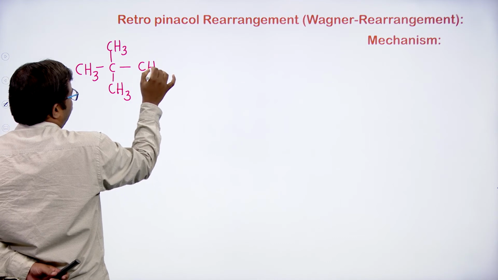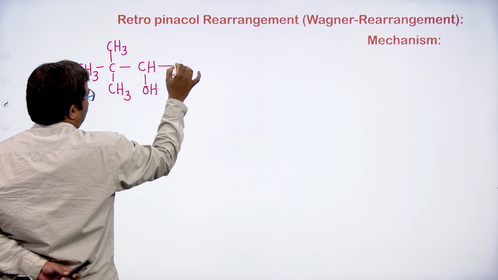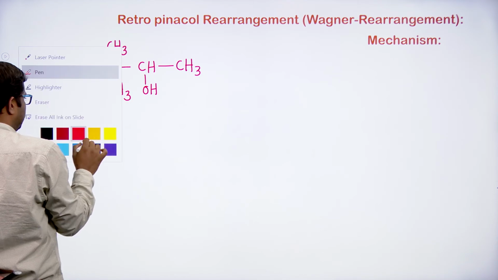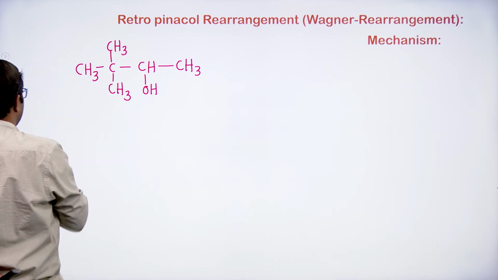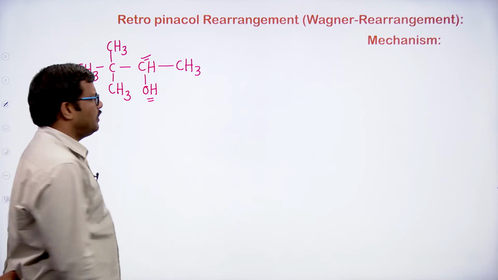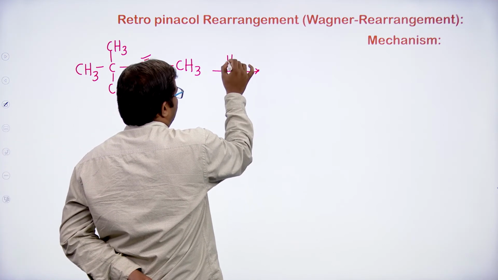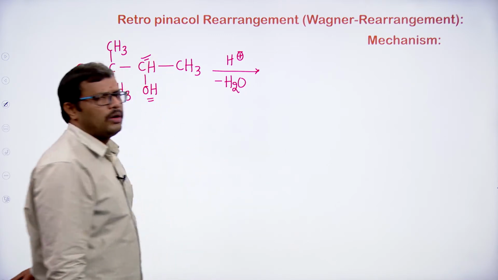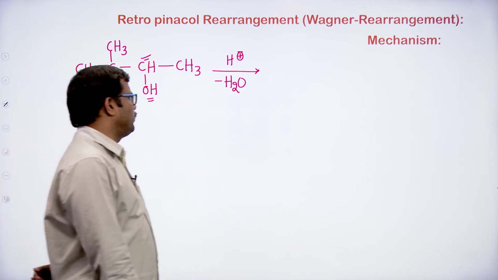Here, the OH group is present on this carbon atom, which is secondary in nature. On protonation and losing, let us say, a water molecule, I am including step 1 and step 2 in one step only.